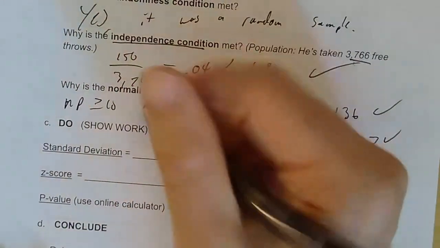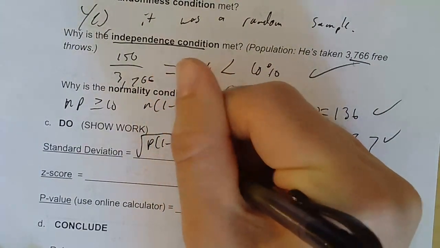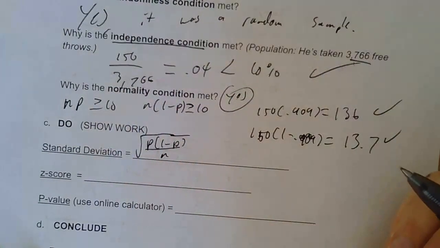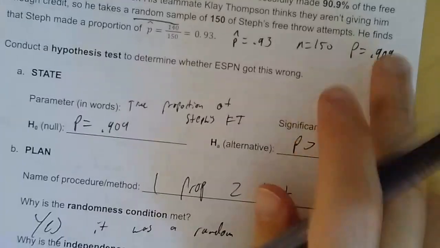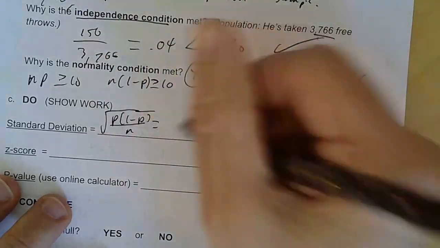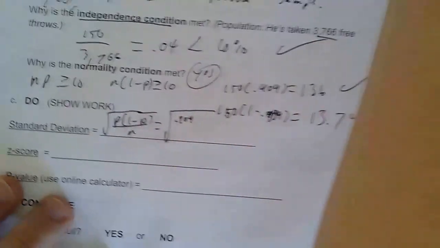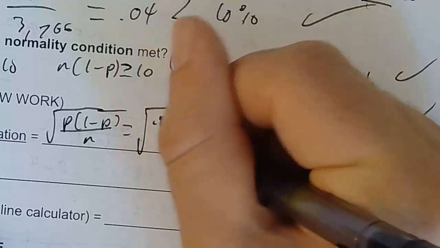Standard deviation, same formula, guys, same formula: the square root of p(1 minus p) over n. Write it down using the real p. So that's the square root of 0.909 times (1 minus 0.909) all over 150.